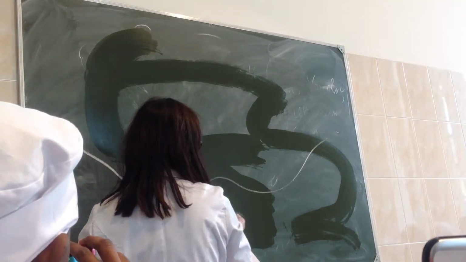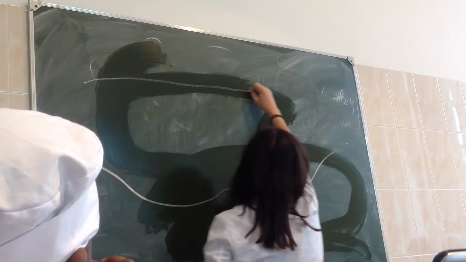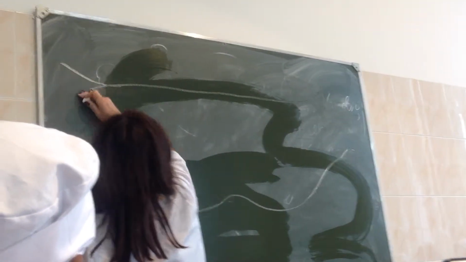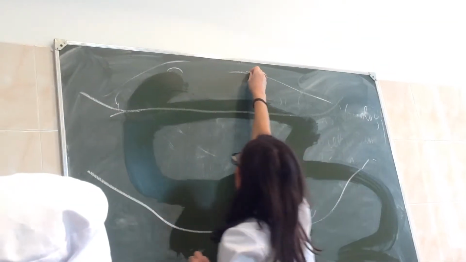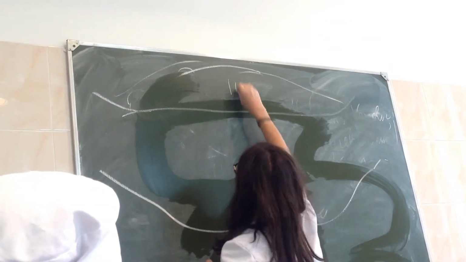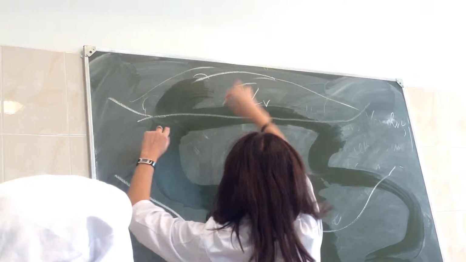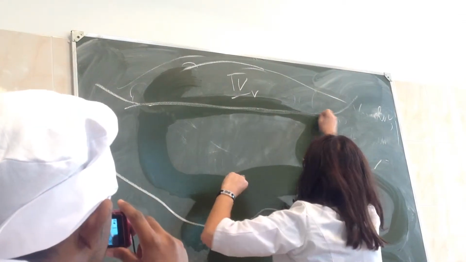What is this? Sulcus basilaris, yes. Sulcus basilaris, you understand? And below here, what cavity will be? The fourth ventricle lies behind. This is the dorsal part, the floor of the rhomboid fossa.